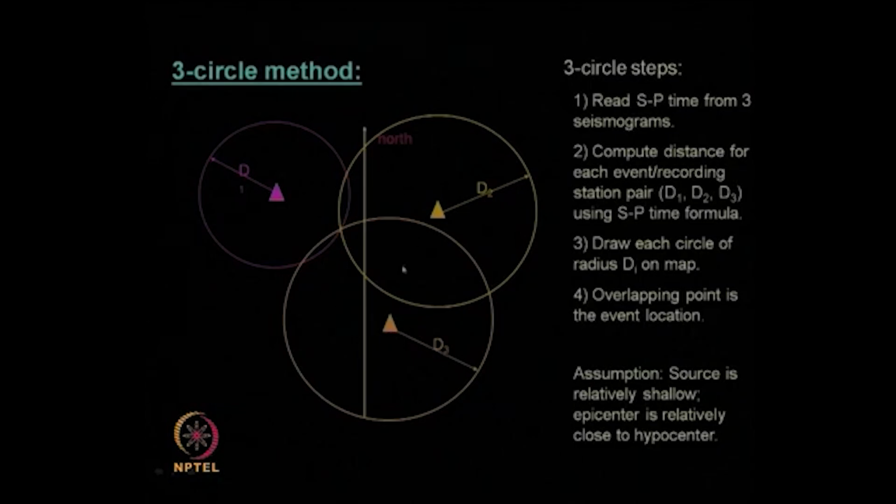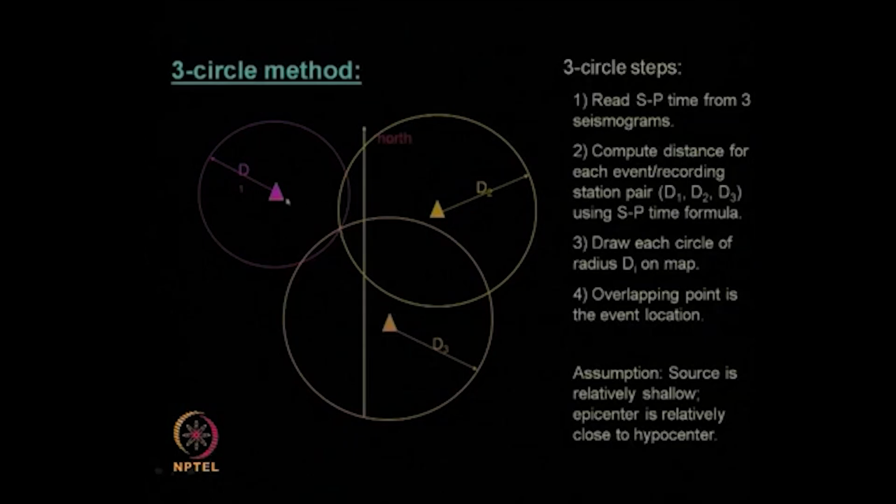Now, wherever these 3 circles meet at a point, that is nothing but the earthquake's epicenter, right? Am I right? If the recording stations are closely spaced and you obtain very well recorded data, and if it is a very shallow earthquake, this 3-circle method will give you a single point like this.